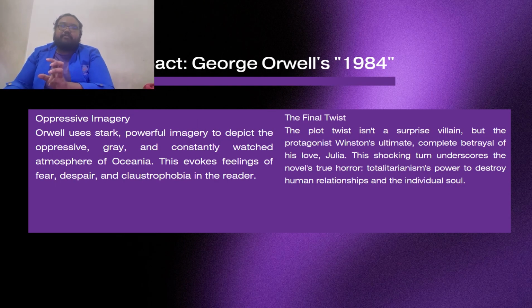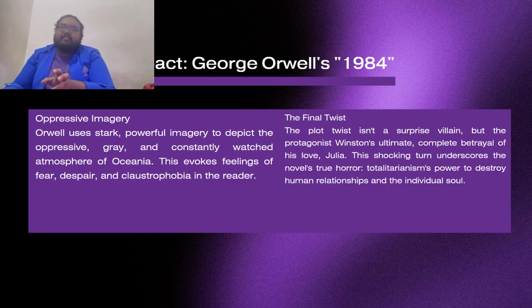Combined impact. George Orwell's 1984 uses stark, powerful imagery to depict the oppressive, grey, and constantly watched atmosphere of Oceania. This evokes feelings of fear and claustrophobia in the reader.